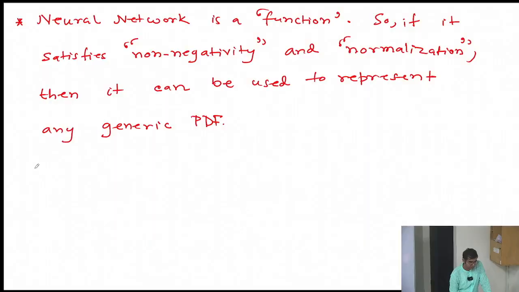So, first condition is non-negativity, which means the value that it gives should always be positive or 0. This is kind of easy to satisfy. You can just square the neural network, whatever the output is. That's always a non-negative quantity. You can take an exponential of that. That's always non-negative. And you can come up with 10, 20, 30, 100 different ways of ensuring that it is non-negative for any x and any theta.